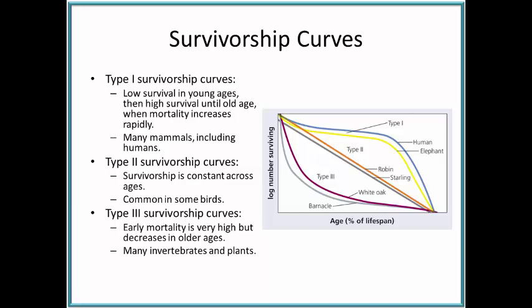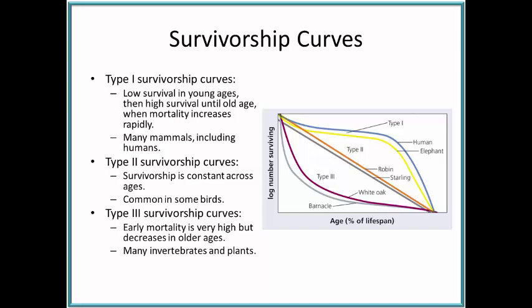Now, keep in mind, these are generalized types. I want you to know them as generalized types, but I want you to be aware that when you look at natural populations, typically there'll be amalgams or combinations of these 3 types, not maybe purely one particular type, okay? So please keep that in mind.